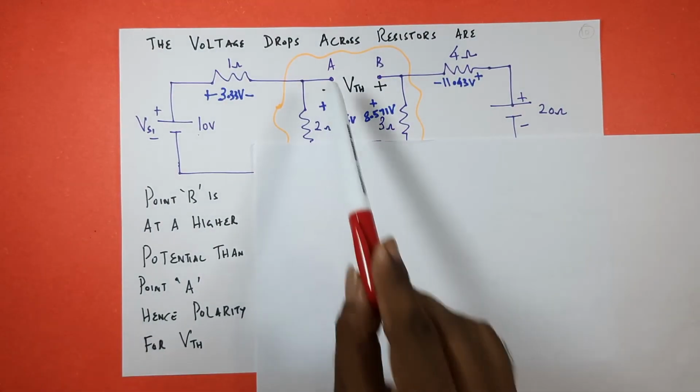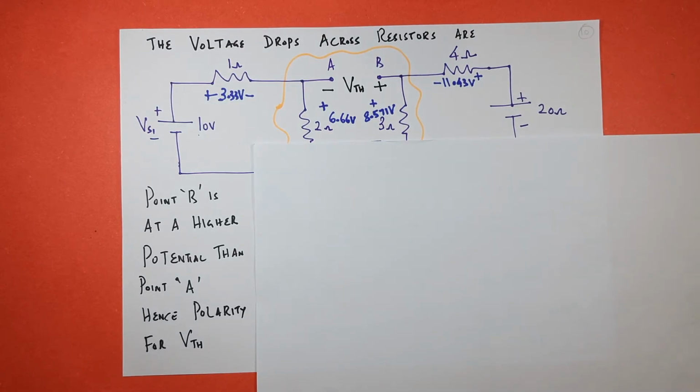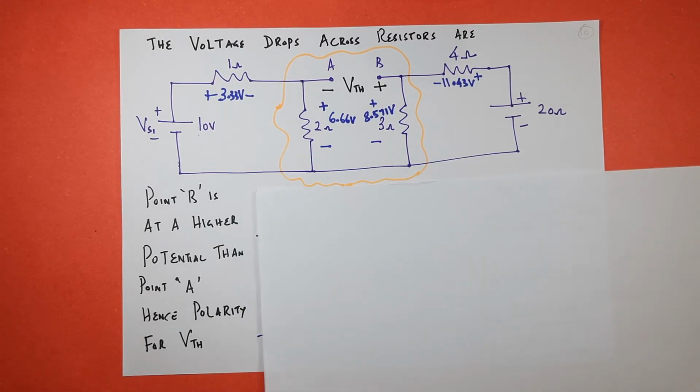So this is going to be the polarity for the Thevenin voltage. Okay. Right. So point B is at a higher potential than point A. Hence, the polarity for V Thevenin.